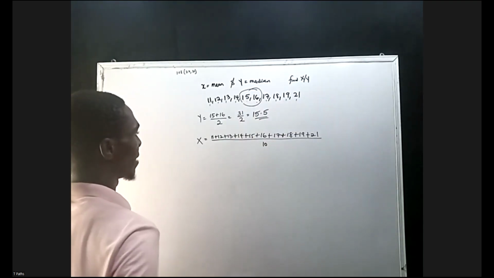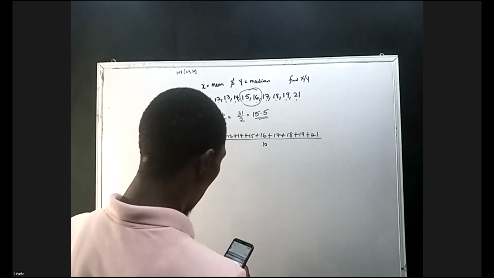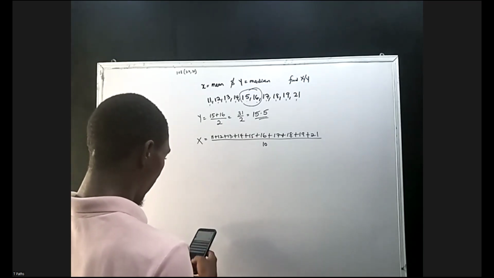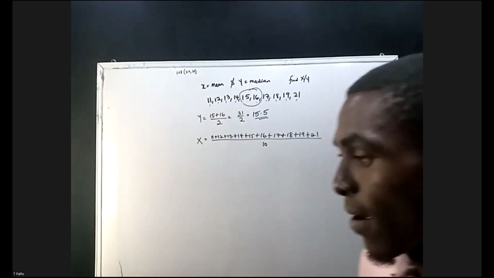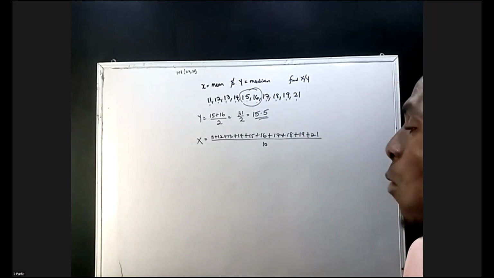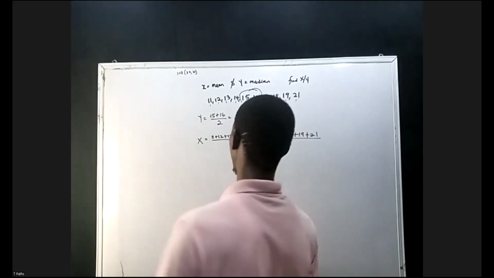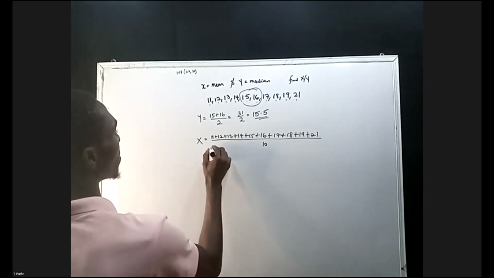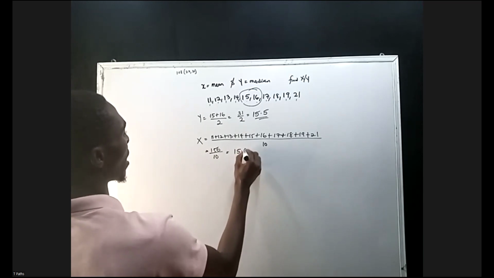So adding all these numbers, I have 11 plus 12 and so on. The sum is 156, sir. So here it becomes 156 divided by 10. If you divide it by 10, we have 15.6.